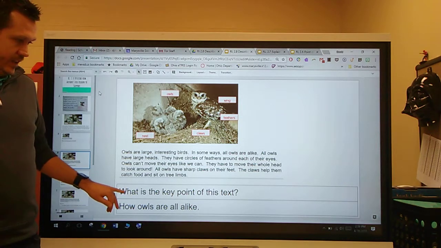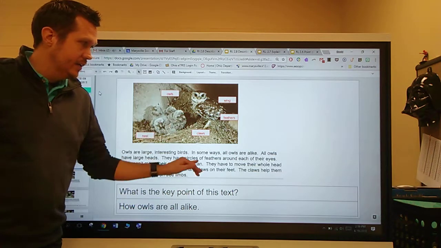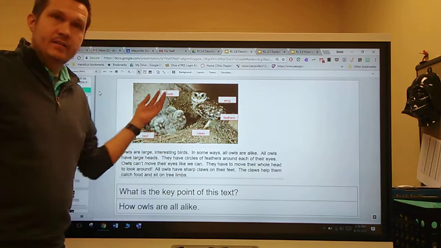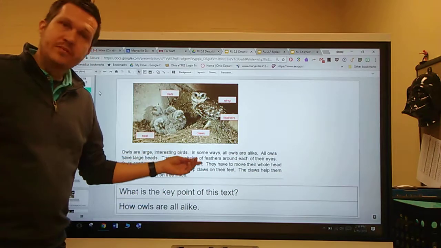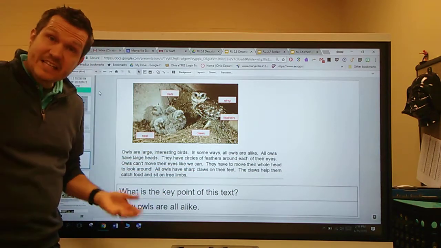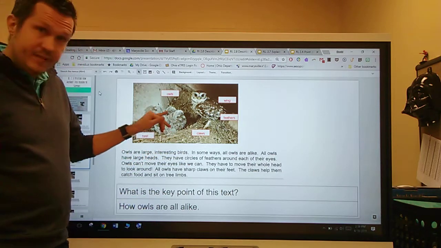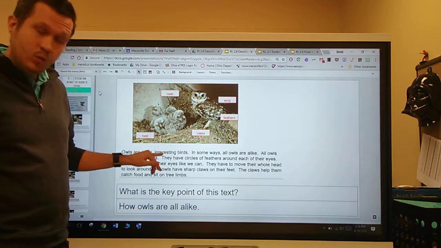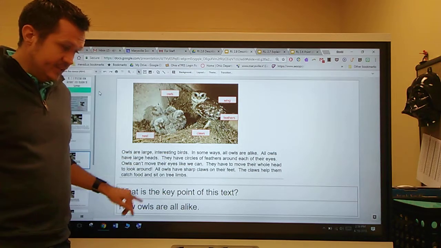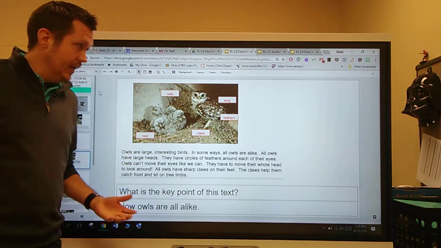So I know the key point of the text is the author's trying to teach me how owls are all alike. They give us things where they live, and then they talk about the things that are the same about them. So now I have to find some reasons to support that. So I need to find some evidence from the picture and from the words that prove that the main point the author's trying to make is that owls are all alike.